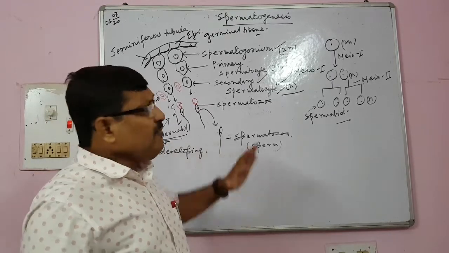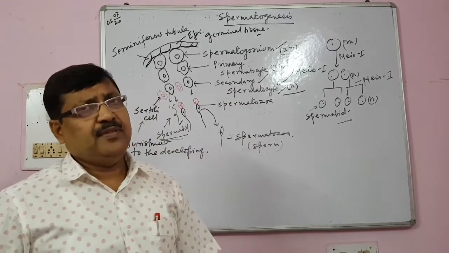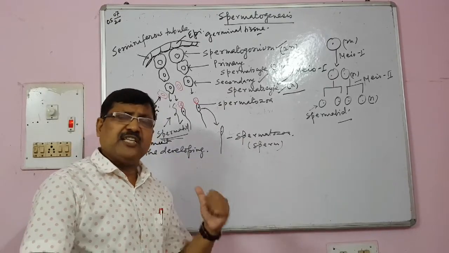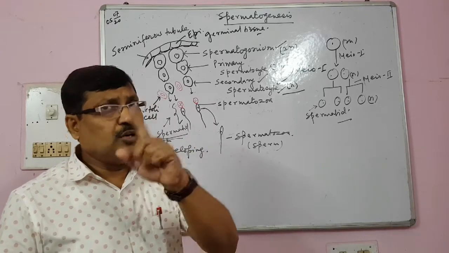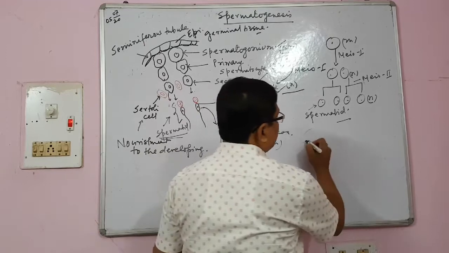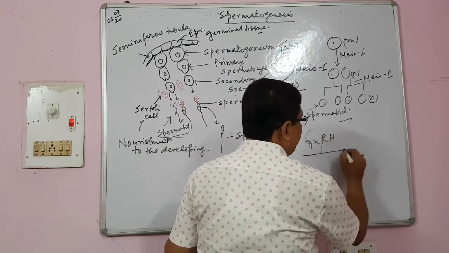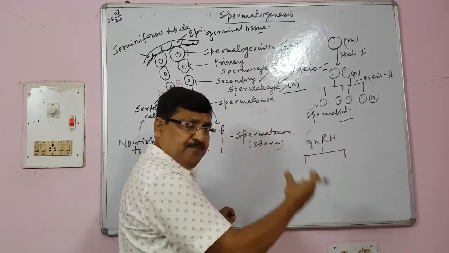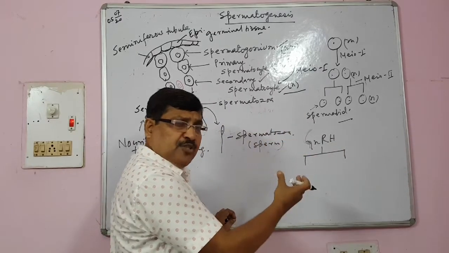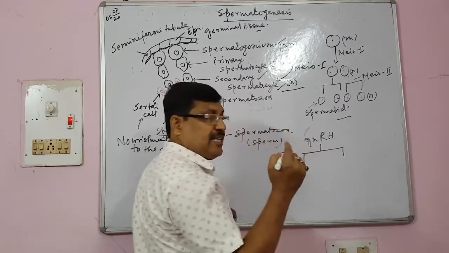Now, I have already discussed in part 1 of the video of this chapter the role of GnRH. Here again I am repeating: GnRH is secreted from the hypothalamus region. It includes two hormones, LH and FSH.